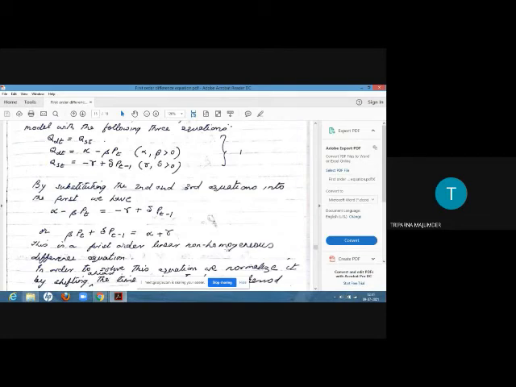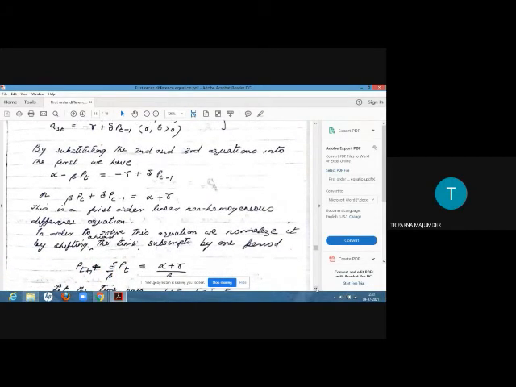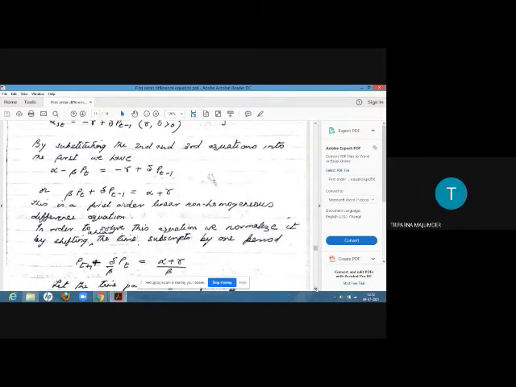Whichever difference equation you solve, the first line you have to write is the nature of the difference equation. This is a first order linear non-homogeneous difference equation in this case. In order to solve this equation, we normalize it by shifting ahead the time subscripts by one period.